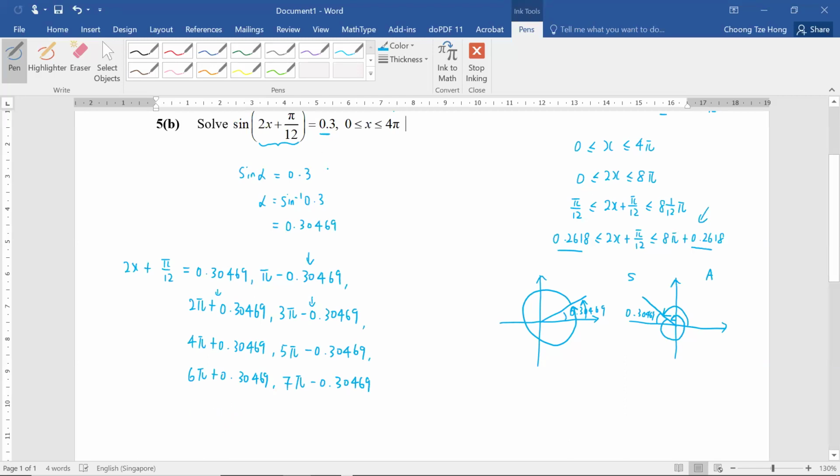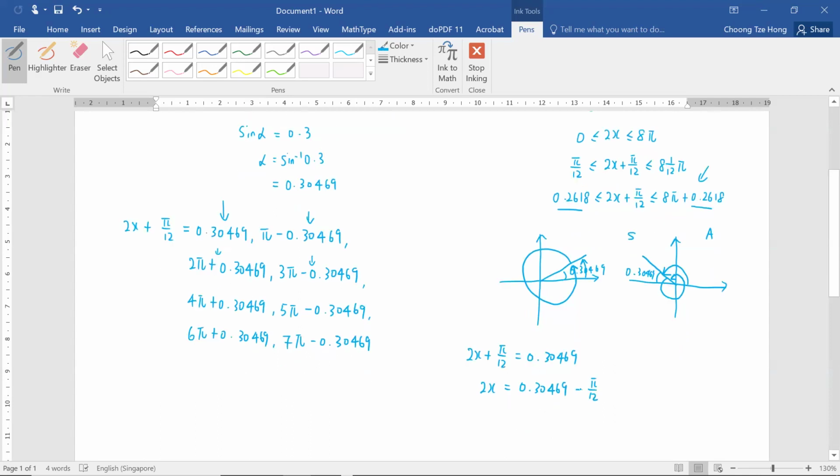Now remember, this is not the final answer yet. This is 2x plus pi over 12, so we just need to calculate x. How to calculate x? I'll use the first angle as an example. 2x plus pi over 12 equals this angle. This is a bit tedious, so we need to solve one by one like this. Bring the pi over 12 over first, so it becomes minus pi over 12.